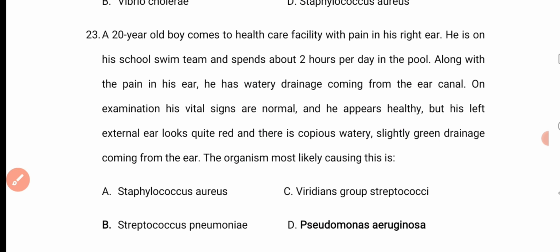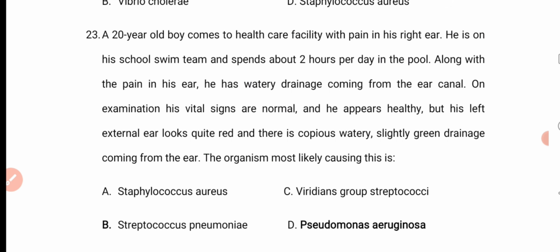The next question says a 20-year-old boy comes to the healthcare facility with pain in his right ear, and he is on his school swim team and spends about hours per day in the pool. Okay, he's a regular swimmer. Along with the pain there was watery drainage coming from the ear, and on examination, vitals are normal and he appears healthy, but his ear externally looks quite red and there is copious watery, slightly red drainage.